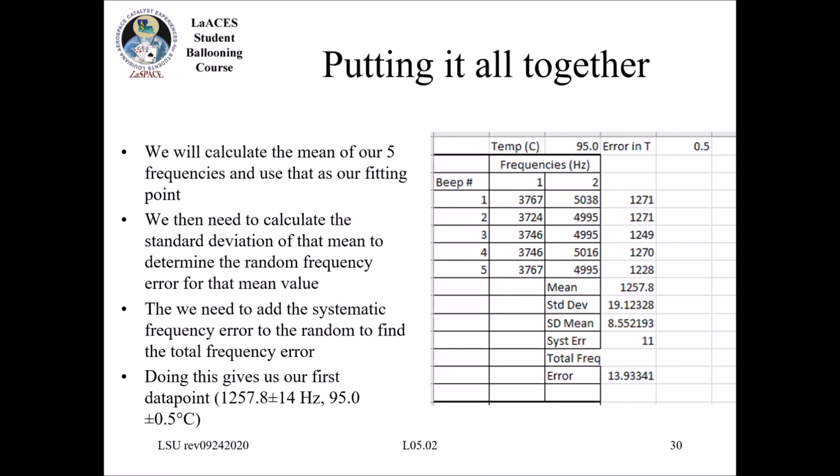I use the mean as my value for the data point, and then I add the systematic error to the random error for that mean, which is the standard deviation of the mean. And I get a single data point that has uncertainty both in frequency and in temperature. So this just gives me one data point that I'm going to use on my fit.